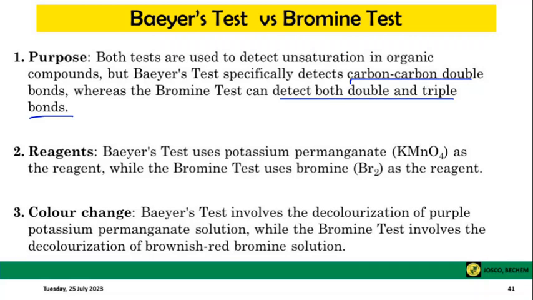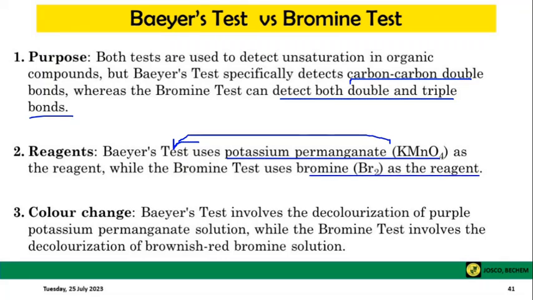In terms of reagents, Bayer's test makes use of potassium permanganate, whilst the bromine test, just like the name suggests, makes use of bromine as the reagent.